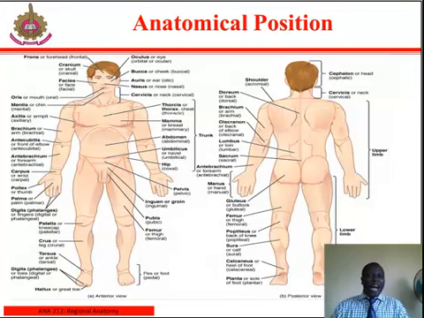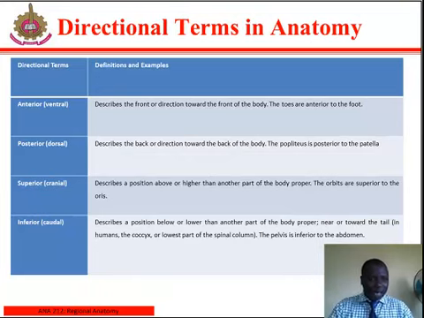The upper limbs are held up to each side and the palms of the hands face forward, as illustrated in the slide.